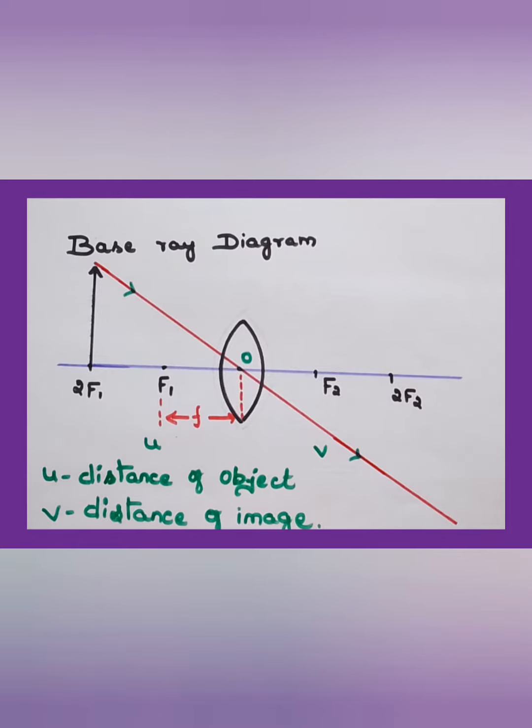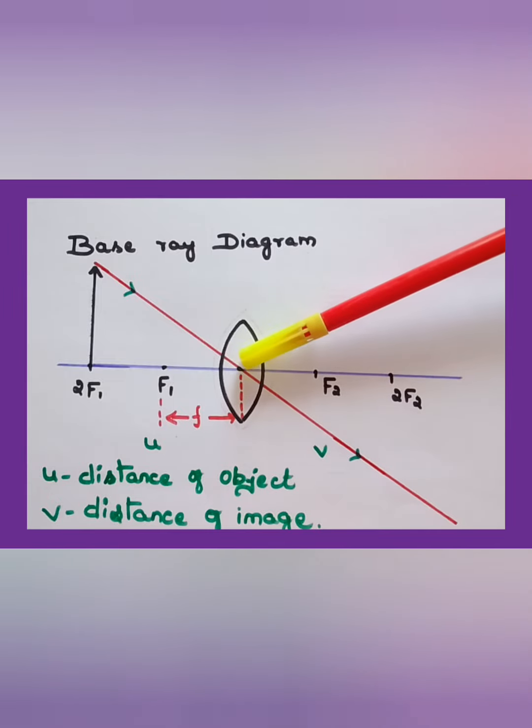Now we shall move to the ray diagram to calculate the position of the object and image, and before that, this is the base ray diagram for all types of object and image positions. You have to draw a base line, a straight line, then draw the respective lens, either concave or convex, and from the midpoint of the lens draw a bisecting line.